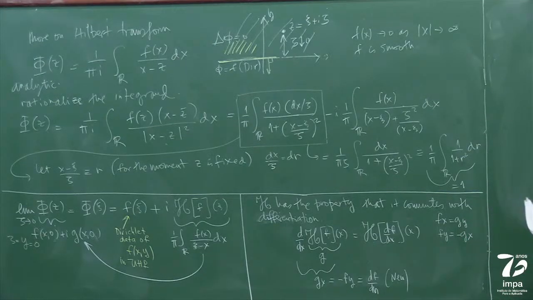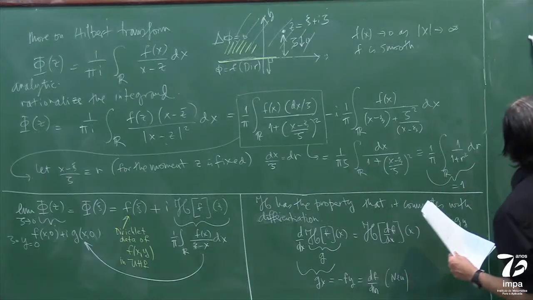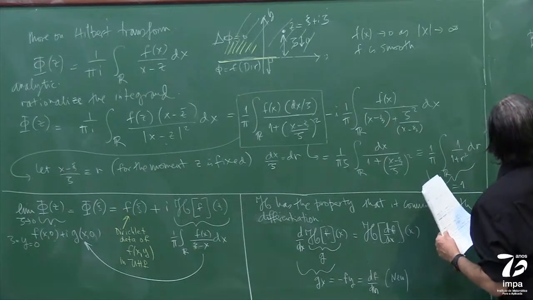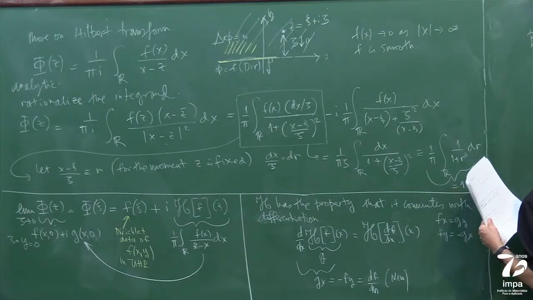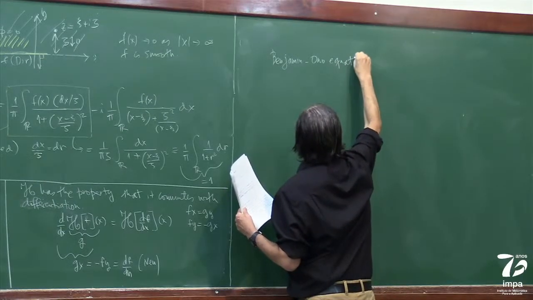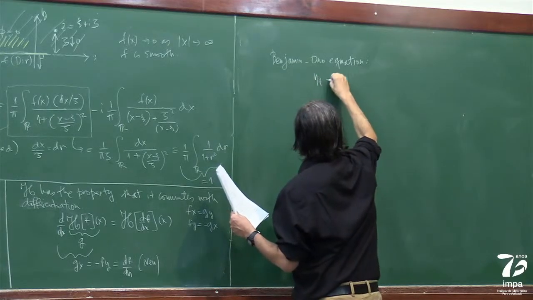In actual situations of this type, there's a famous equation, the Benjamin-Ono equation for waves, which is like this. It looks like a KdV.